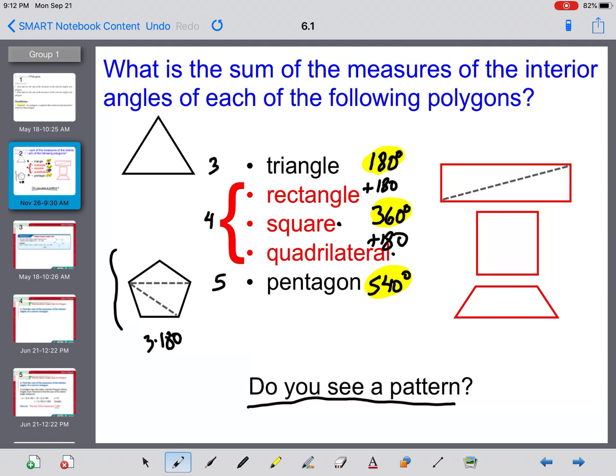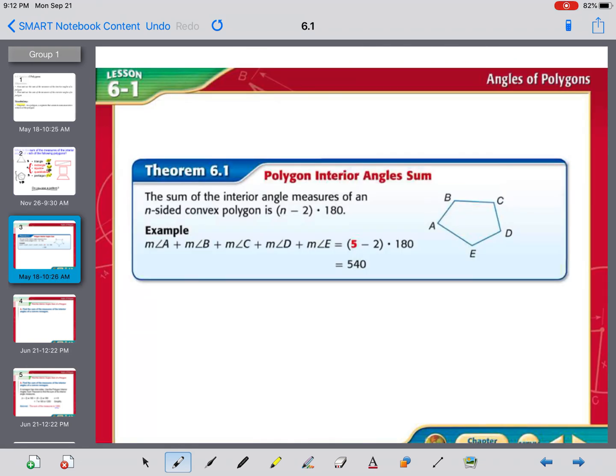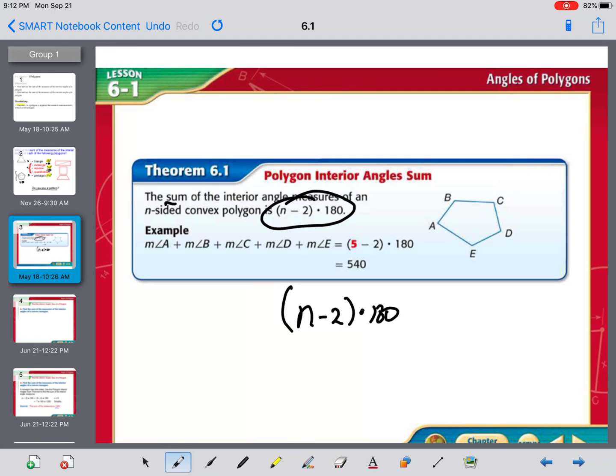So in other words, every time we go up another side in our gon, we go up another 180 degrees in the interior measures. That's reflected by this formula right here, which says the number of sides subtract 2 times 180 is the sum of the interior angle measures.